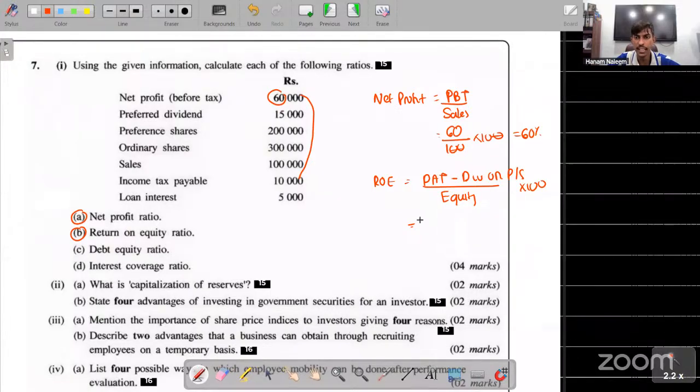So with 60, if you deduct 10, it's 50. Minus preference share dividend. Have they given it? Yes, preference dividend is 50. How much is the equity? Equity means ordinary shares and all that. So you have ordinary shares of 300, multiplied by 100. So 3 zeros gone. So 35 divided by 3.